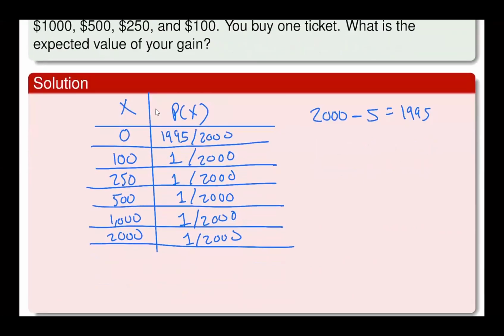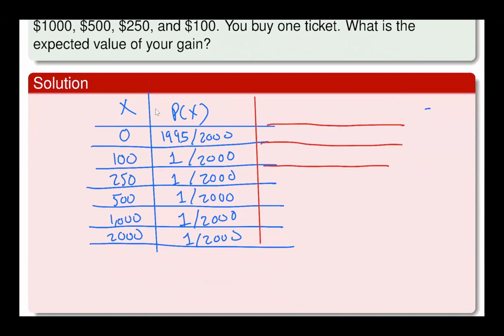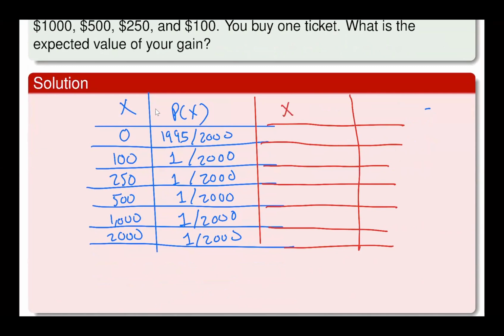All right. So if you look at it, what we're going to do is multiply these out. So we'll do X times P of X. If I do 0 times anything, you're going to get 0. So I'm going to put 0. Then 100 times 1 divided by 2,000 is 100 divided by 2,000.